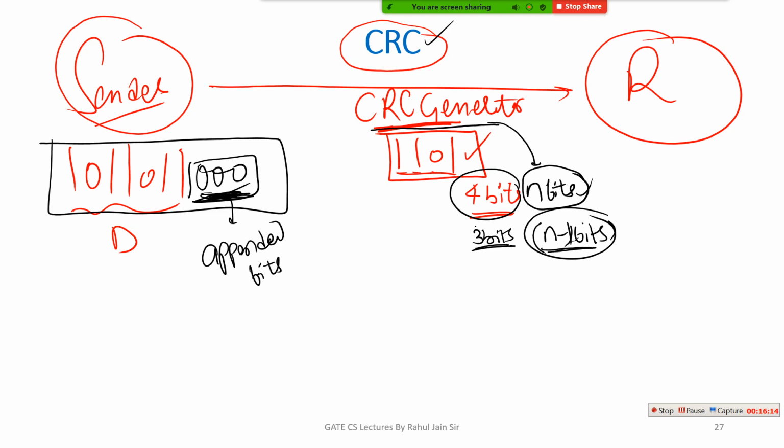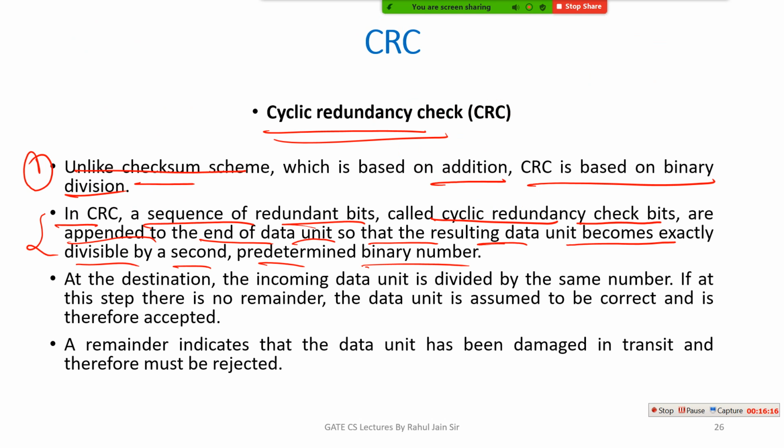Okay guys, now this is the point: a sequence of redundant bits called cyclic redundancy check bits are appended to the end of the data unit so that the resulting data unit becomes exactly divisible by a second predetermined binary number.